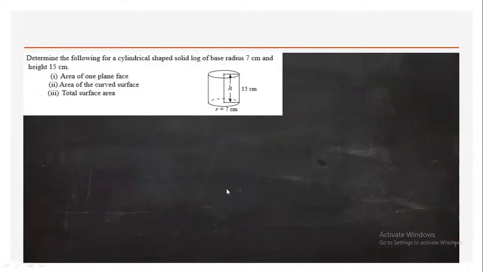Right, let's do this example. Determine the following for a cylindrical solid log of base radius 7 cm and height 15 cm. First, the area of one plane face. You can see there are two plane faces, this is pi r squared and this is also pi r squared, but they ask for one plane face.